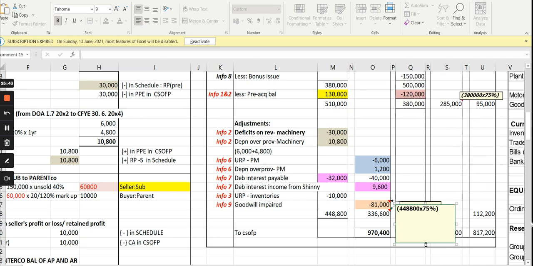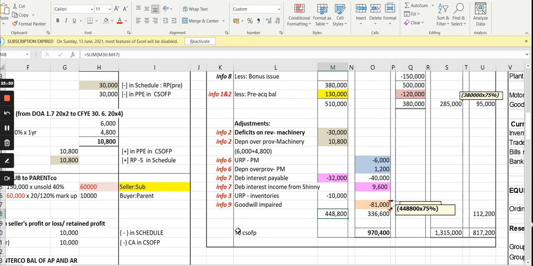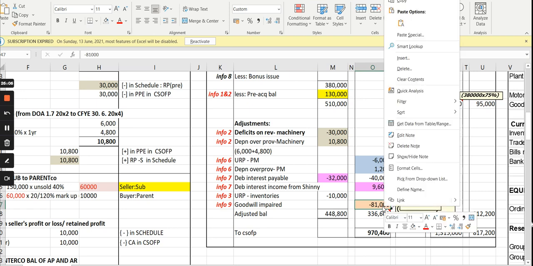Right? So it is 448,800. That is the one that you have adjusted for all the, this is post acquisition, so adjusted balance after all the intercompany transactions whatsoever.